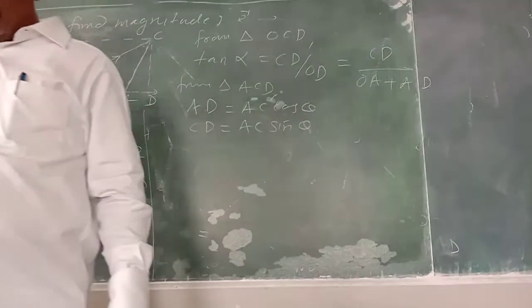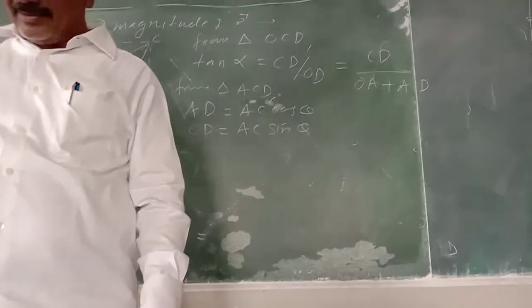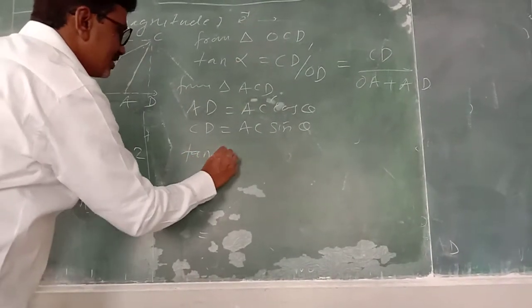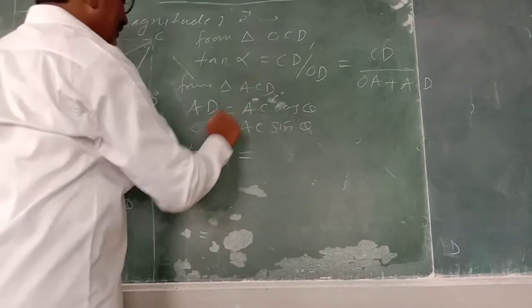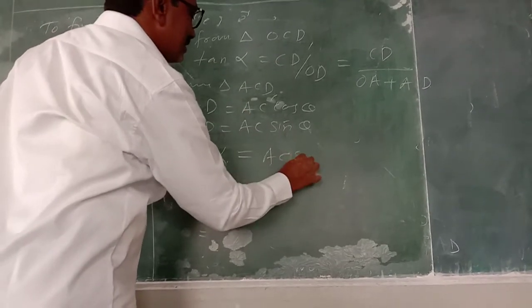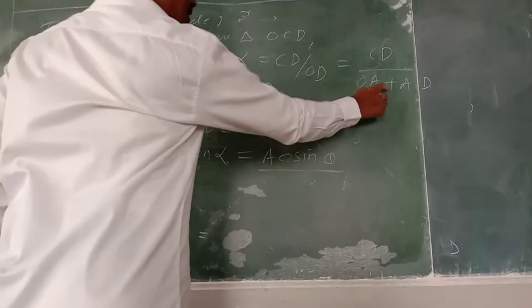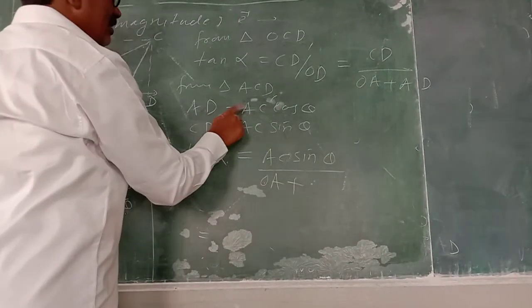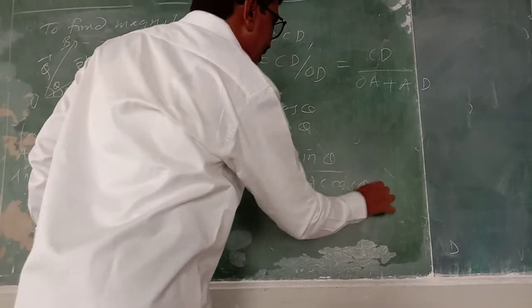Therefore, tan alpha equal to AC sin of theta upon OA plus AD. Instead of AD, you can put the value AC cos of theta.